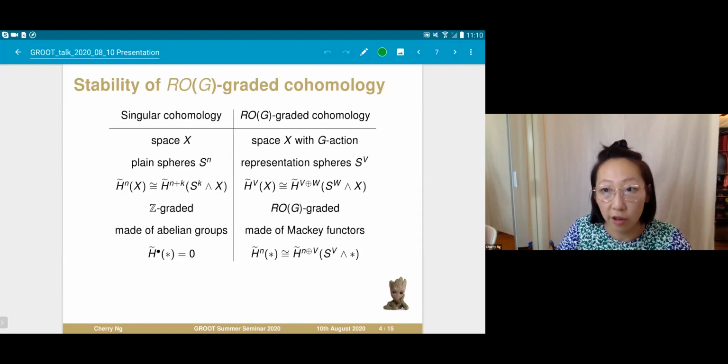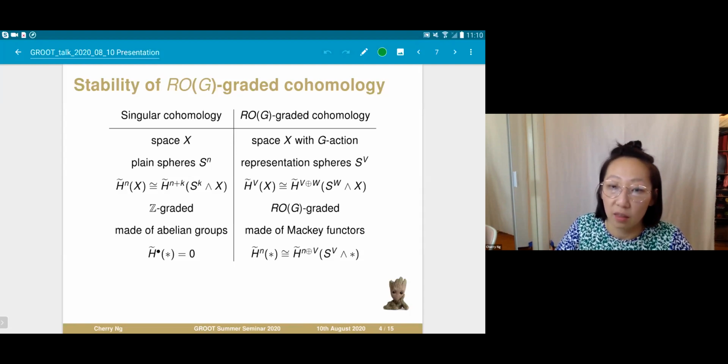But in RO(G)-graded cohomology, instead of working with spheres with no action, we work with representation spheres. And the reason is because if you suspend or smash with a sphere with no action, it doesn't have a group action on it, so it will not be interesting in the eyes of this cohomology theory that detects group action.